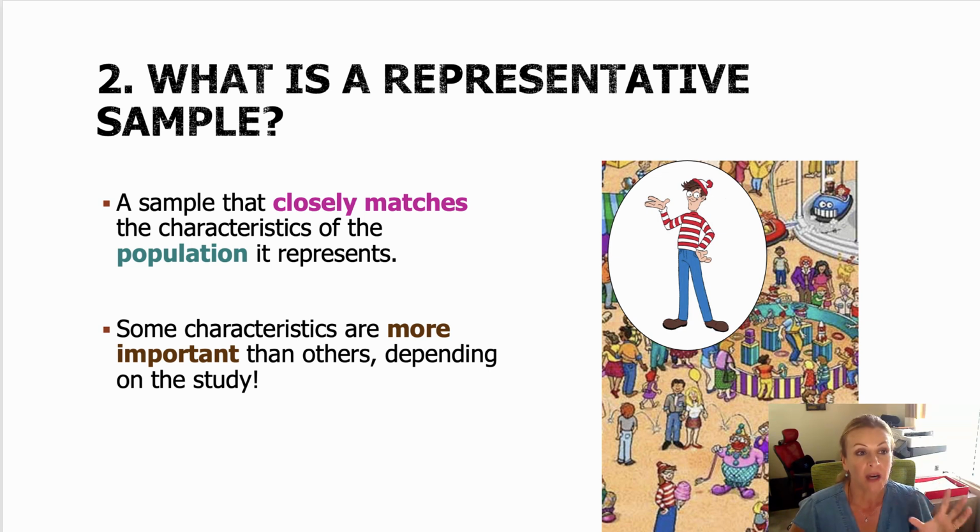So again, what is a representative sample? A representative sample would be one that matches your population of interest as closely as possible in the majority of the characteristics. If there's anything that sticks out very different, because depending on what you're studying, it's going to be normally distributed, but sometimes you have extreme outliers.